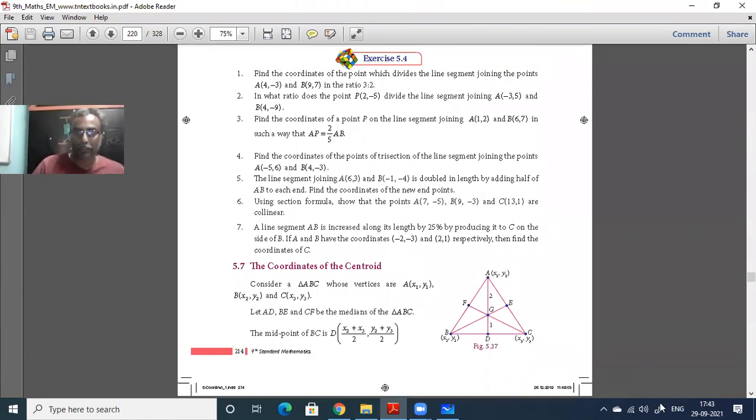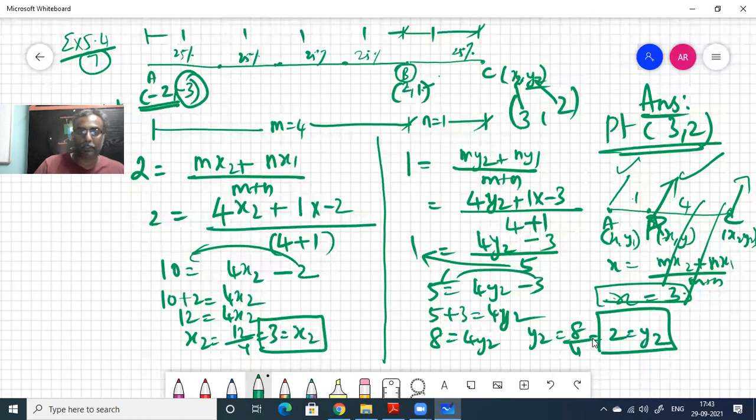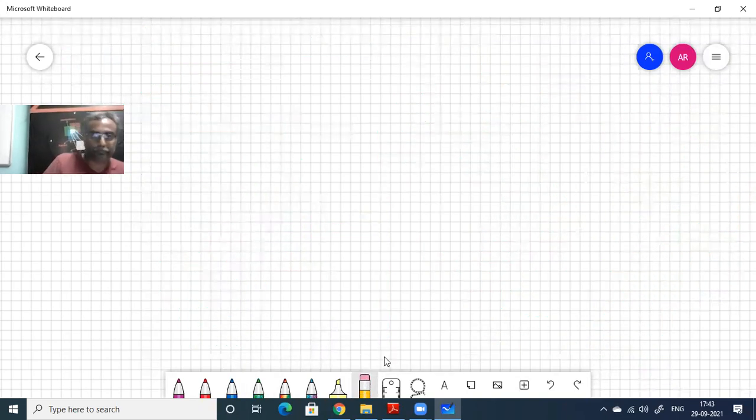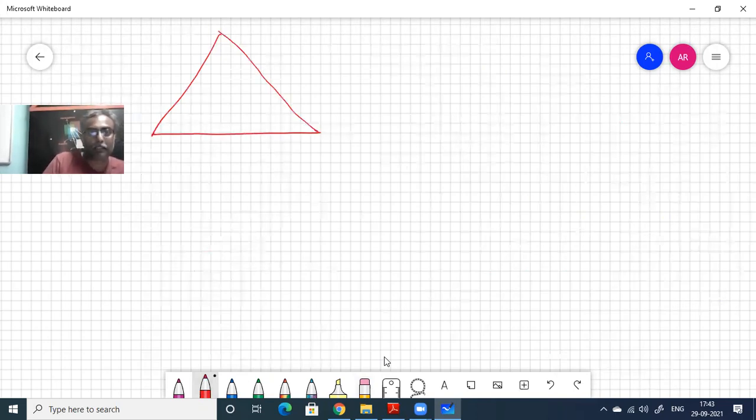Now, what to do about centroid? I will just show you about the centroid. Then you can easily understand. There is a triangle and there are medians.